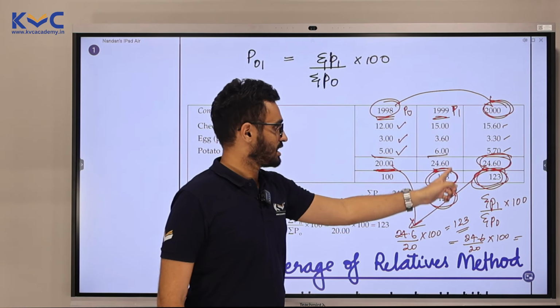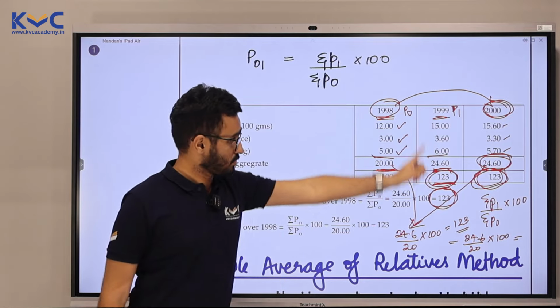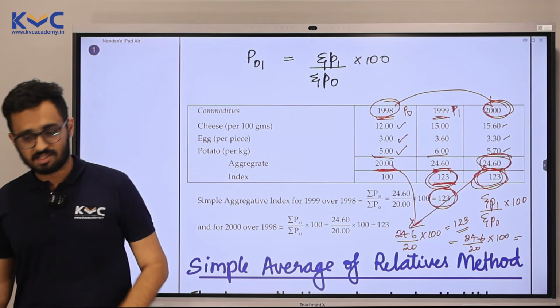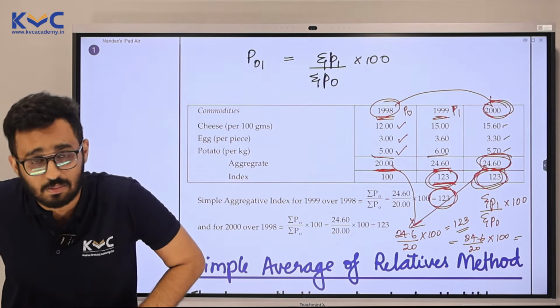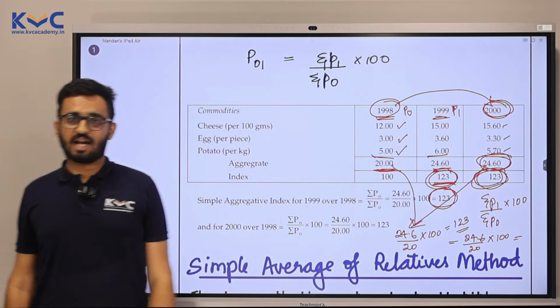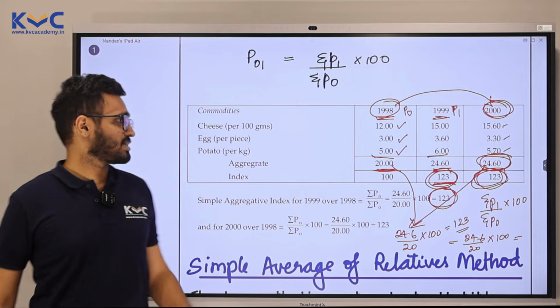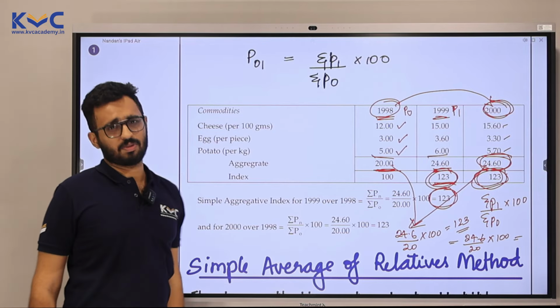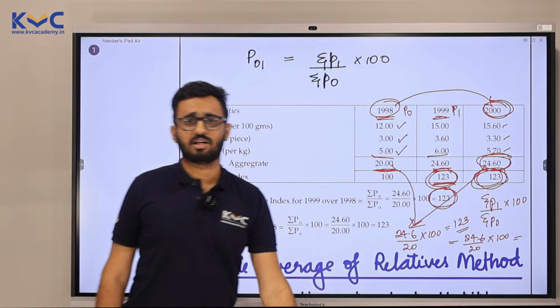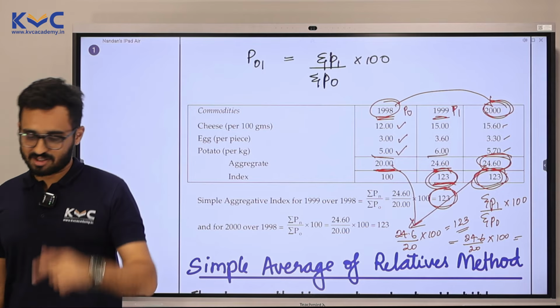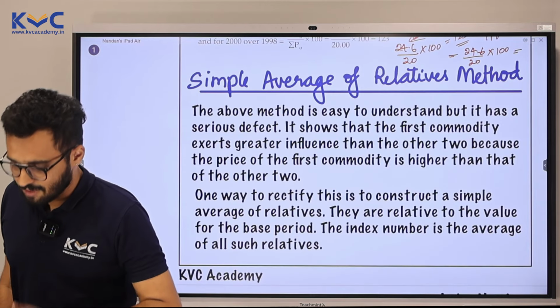If the question is about 1999, take 24.6, the total of 1999, divide by the base year 20 into 100. Did you understand? Pretty simple to do, right? Wonderful. So that is the simple aggregative method. There cannot be any complication in these kinds of questions. Straight away take the current year prices, and then you will get the values. Is that clear? Awesome.